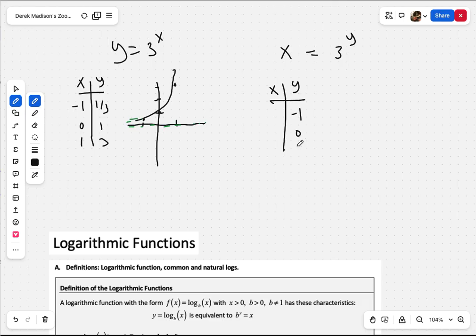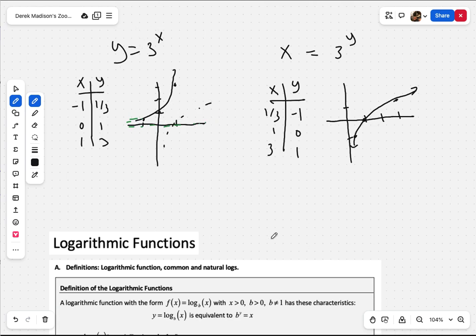If I put in negative 1, 0, 1 for those y's, I'm going to get out the 1/3, 1, and 3 for the x's. And what that's going to look like is something like that, which, if you remember from graphing inverses, should look kind of like that, which is what a log is.